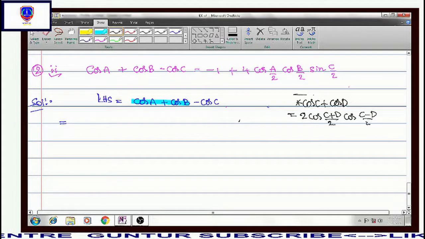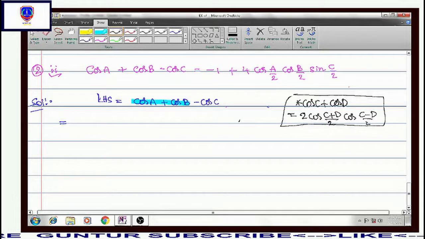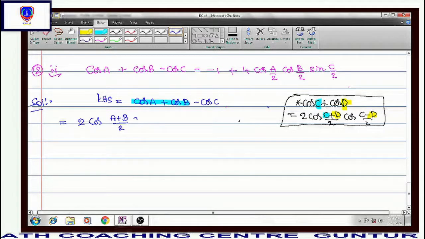Here C stands for capital A and D stands for capital B. Now the expression becomes 2 cos of (A plus B) by 2 into cos of (A minus B) by 2.